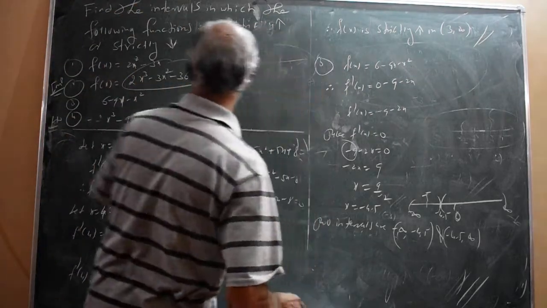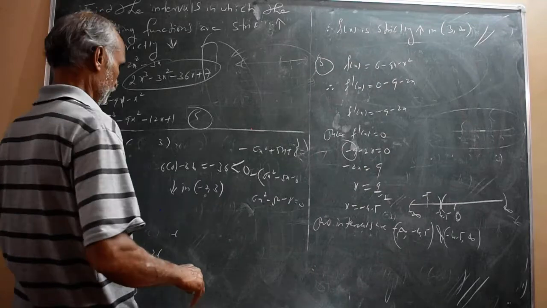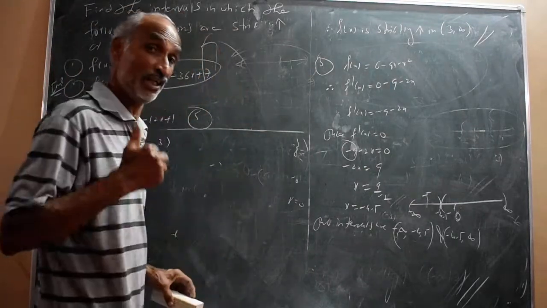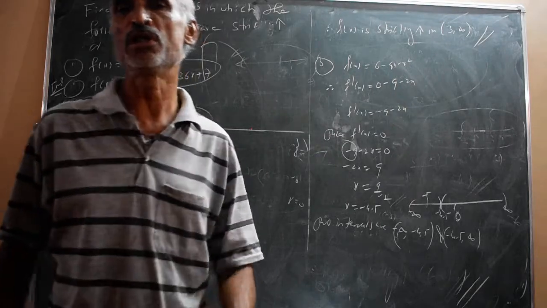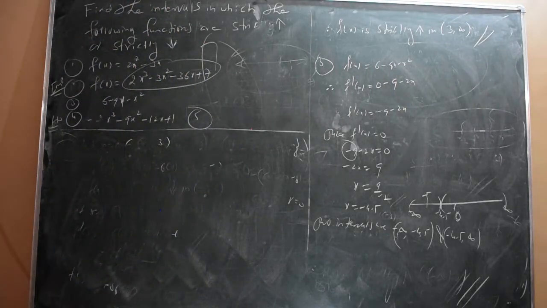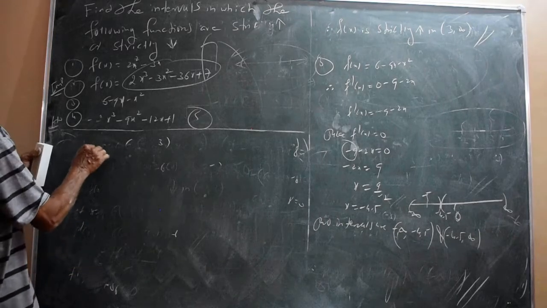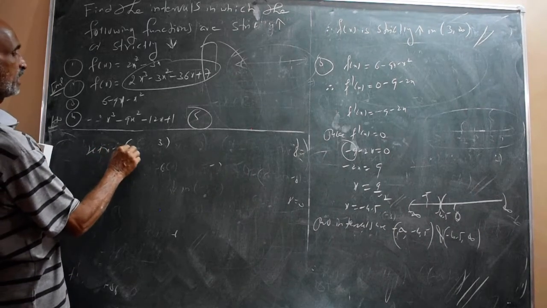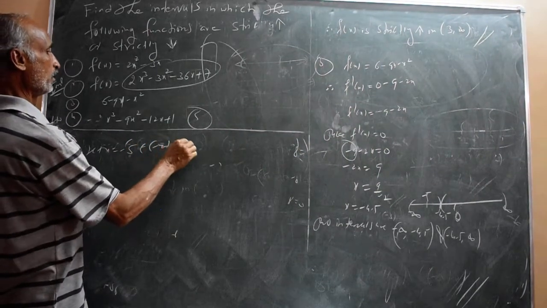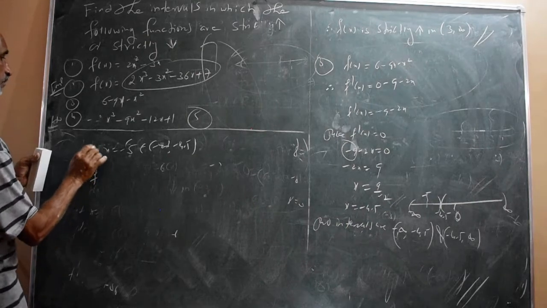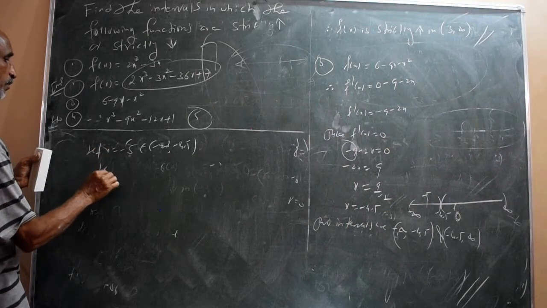Okay, let x is equal to minus 5, which belongs to the first interval. I got the interval, but have not yet decided in which interval it is increasing or in which interval it is decreasing. For that decision, let x is equal to minus 5, belonging to minus infinity to minus 4.5. F dash of minus 5.